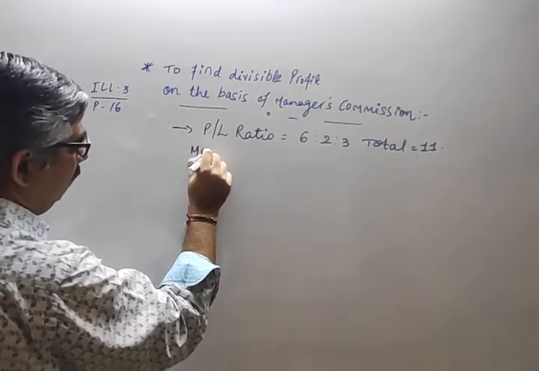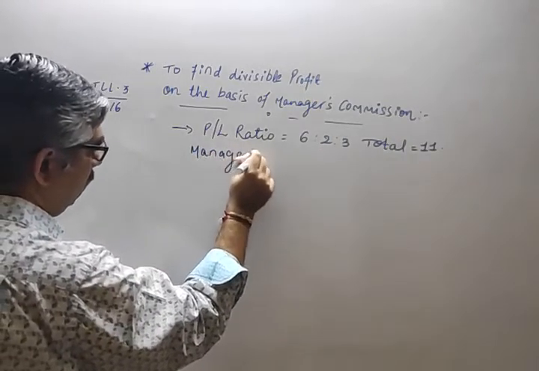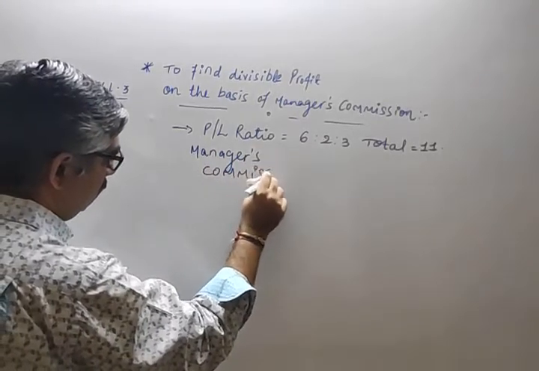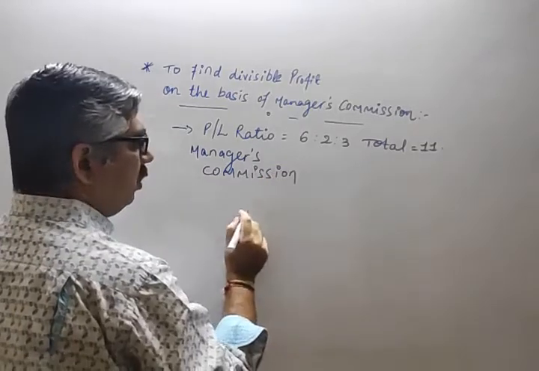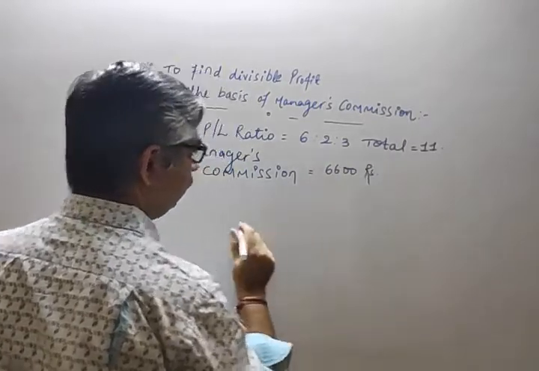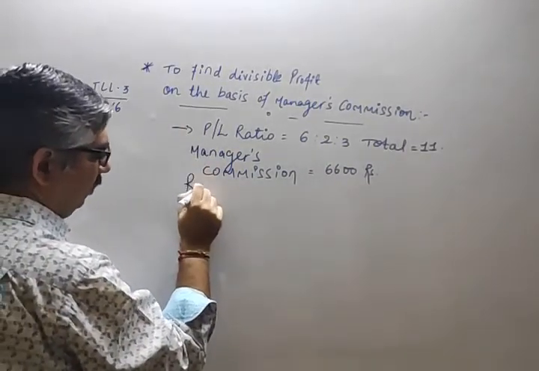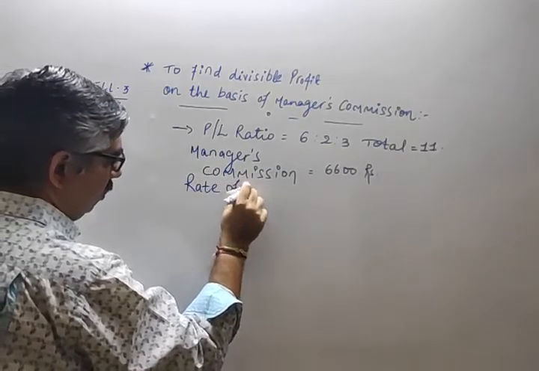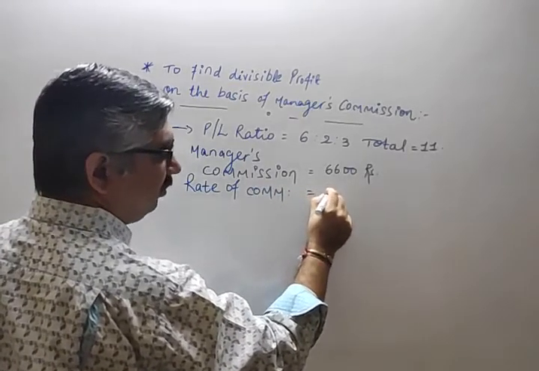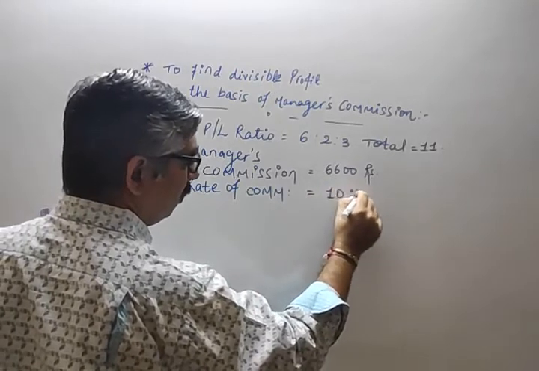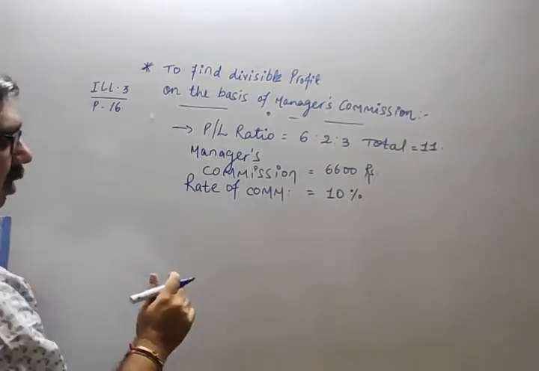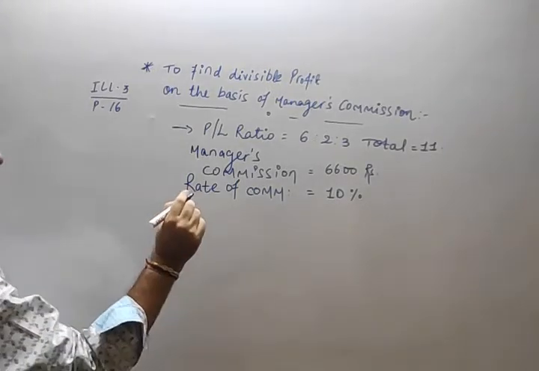Manager's commission, that is rupees 6,600, and rate of commission, that is how much? 10%. Is that clear? Good. Now, first of all, we have to find out divisible profit.